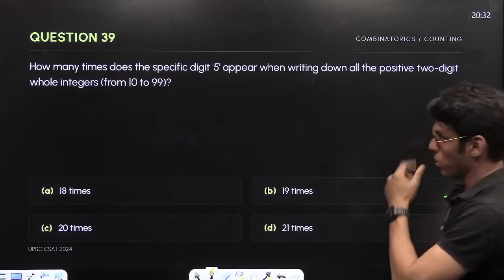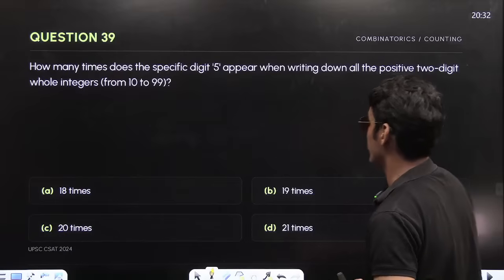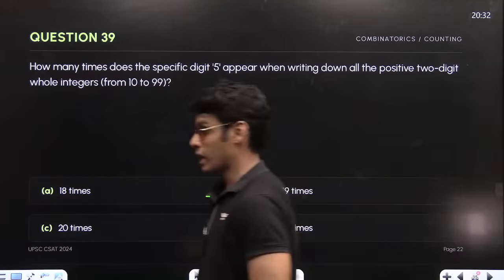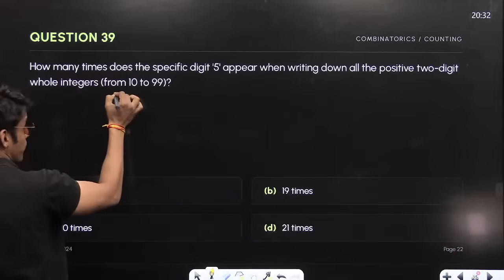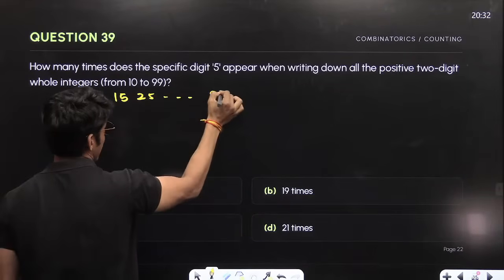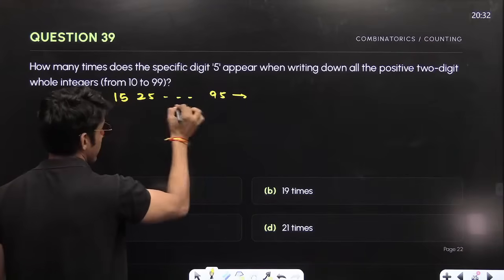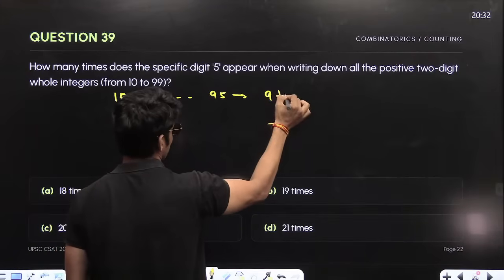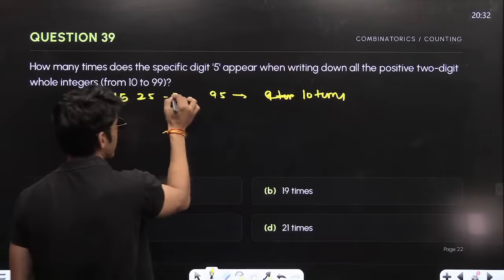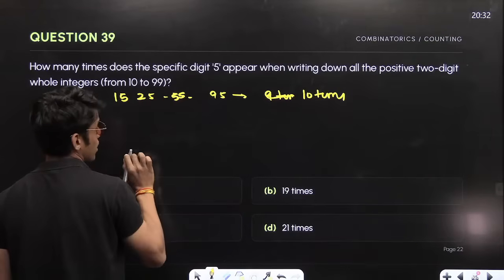Then problem number 39. How many times does the specific digit 5 appear when writing down all the positive 2-digit numbers from 10 to 99? So see, from 15 till 95, you will have it 9 times. In fact, 10 times, right? Because you will have 55 also, in which 5 will occur twice.